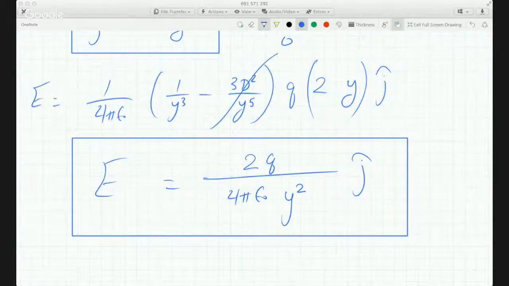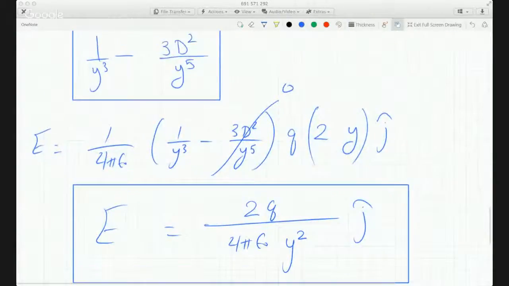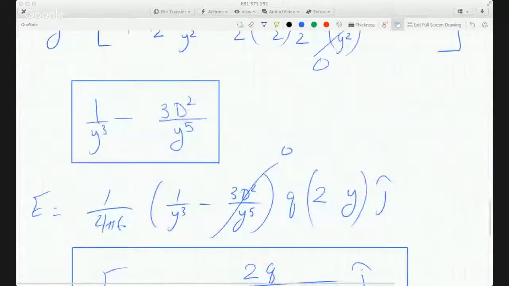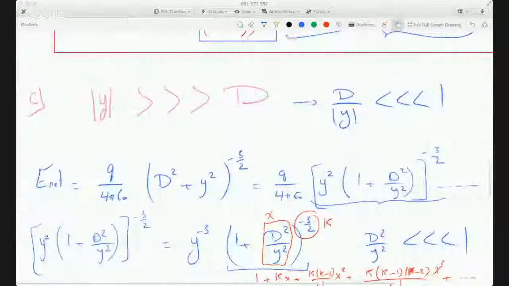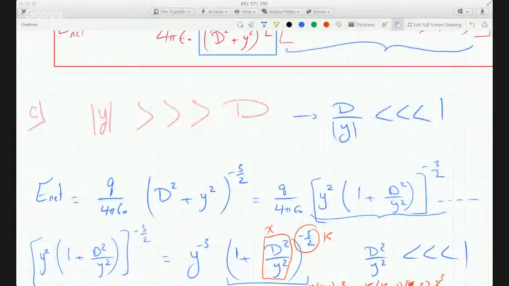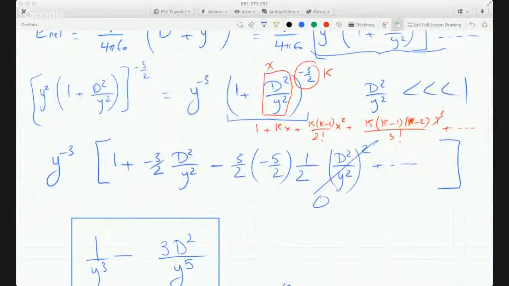The d squared over y to the 5? Yeah, because the assumption, remember, is d over y is much less than 1. Oh, right. And I'm getting here a series, and keep in mind that this series converges when d over y is much less than 1.